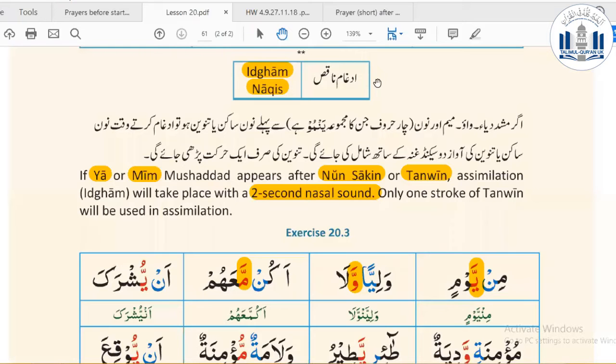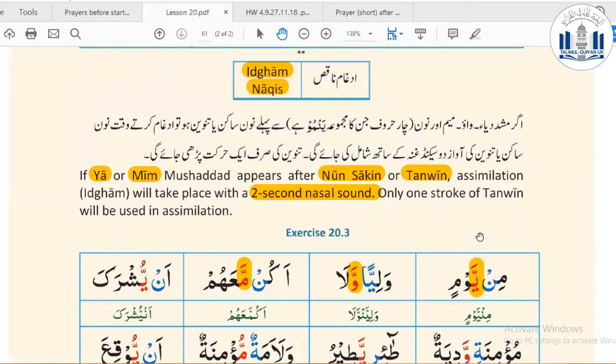Okay. If ya or waw mushaddad appears after noon sakin or tanween, idgham will take place with a 2-second nasal sound. In the case of tanween, where there is a tanween after ya or waw mushaddad, only one stroke of tanween will be used in assimilation.